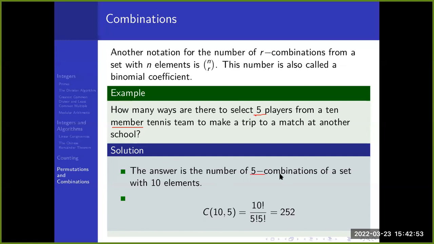We simply are looking for the 5 combinations from a set with 10 elements. And if you apply the formula with n as 10 and r as 5, we'd end up with 252 different ways of selecting a team of 5 from a total of 10 players.